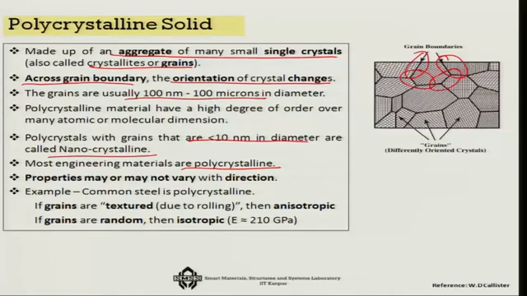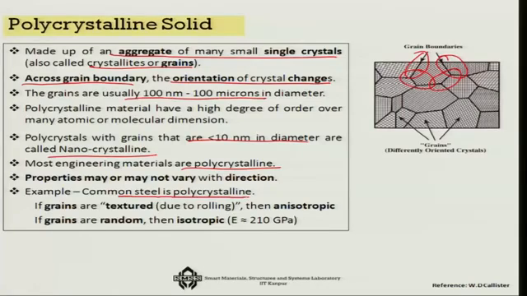So, a single crystal, which is inside a grain, will give you anisotropy, but since there are many grains, there is a random distribution of anisotropic property. So, this gets averaged out, and if there is no grain orientation or direction, it may give you an isotropic property.